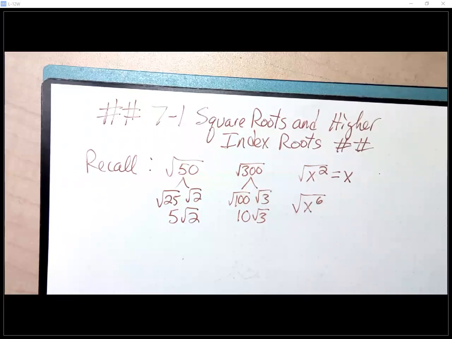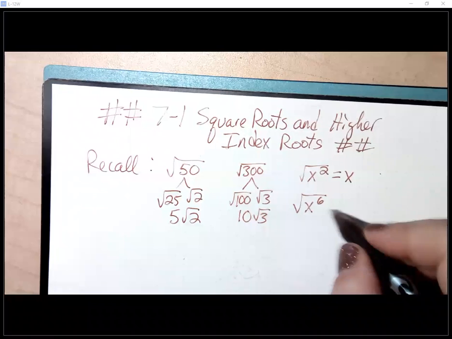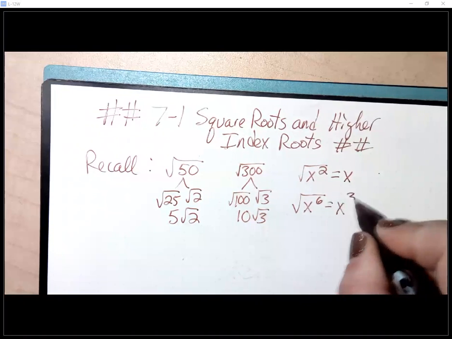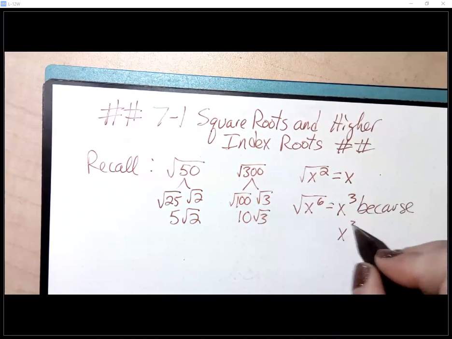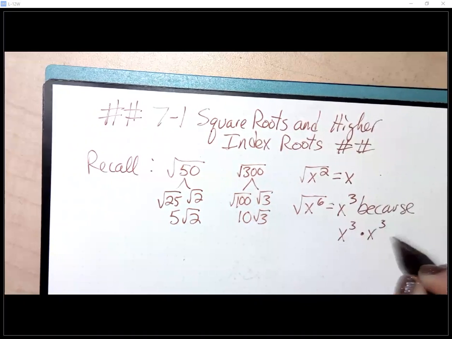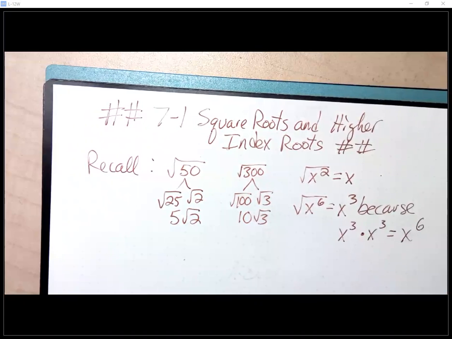So what am I supposed to do here? Guess what? It doesn't matter. If it's an even exponent, it is a perfect square. Why? Because x to the 3rd times x to the 3rd really is x to the 6th, isn't it? So when you're dealing with exponents, all I really have to do is just cut it in half.